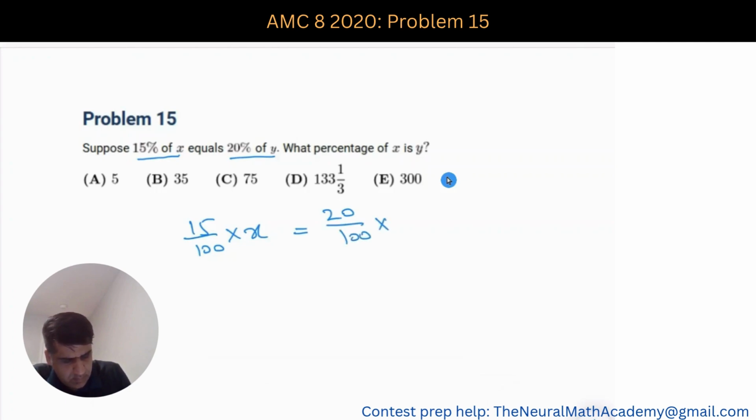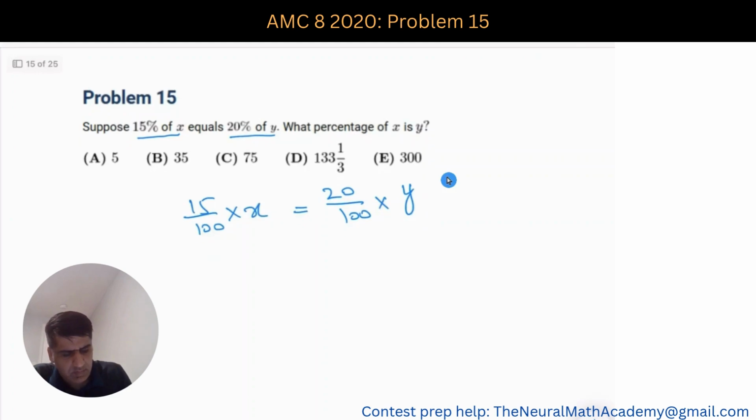And we have to tell what percentage of x is y. So basically we have to rearrange this equation and isolate y.